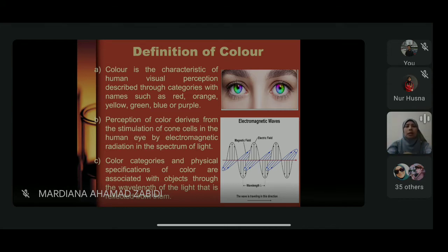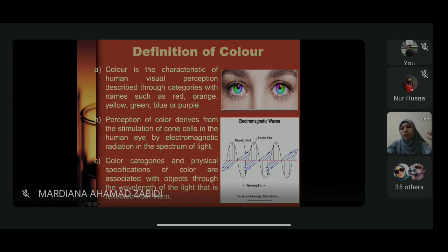The source of light also plays an important role in giving the specific perception of that color. Color categories and physical specification of color are associated with objects through the wavelength of the light that is reflected from them.